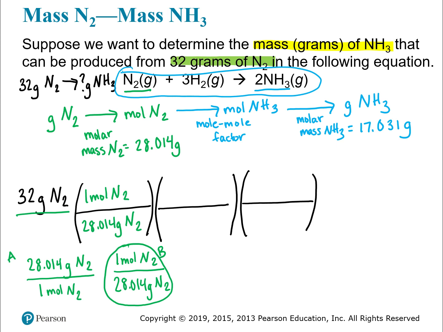How many moles of nitrogen gas? There's only one. Remember, we're looking at the coefficient here. So yeah, when there's no number in front, then you use 1.